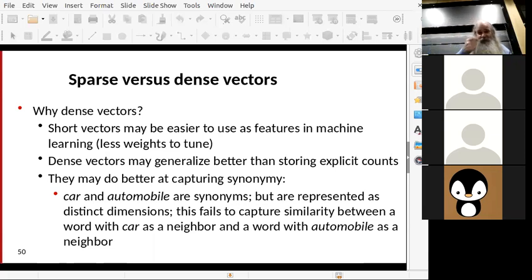So supposing we have a word like car and automobile, and I'm going to naively assume that these mean effectively the same thing. If you have a column in your matrix for car and one for automobile, it sort of doesn't matter when you're building your matrices whether the context contains car or the context contains automobile. And what we'd really like to do is maybe merge these columns, because that could be a more efficient way to be able to look at it.